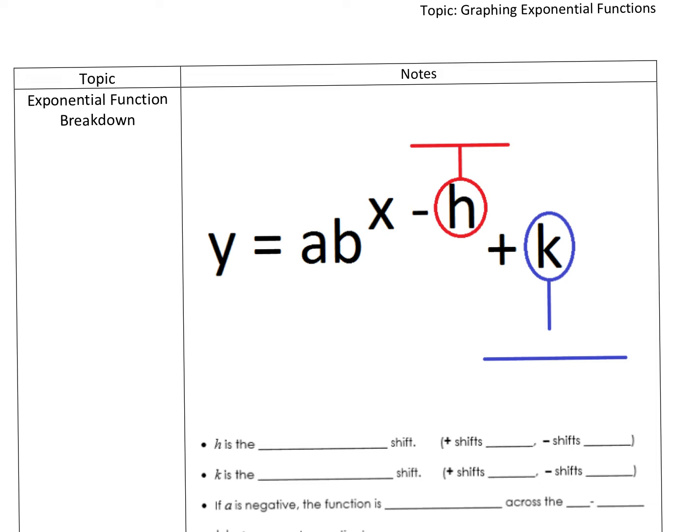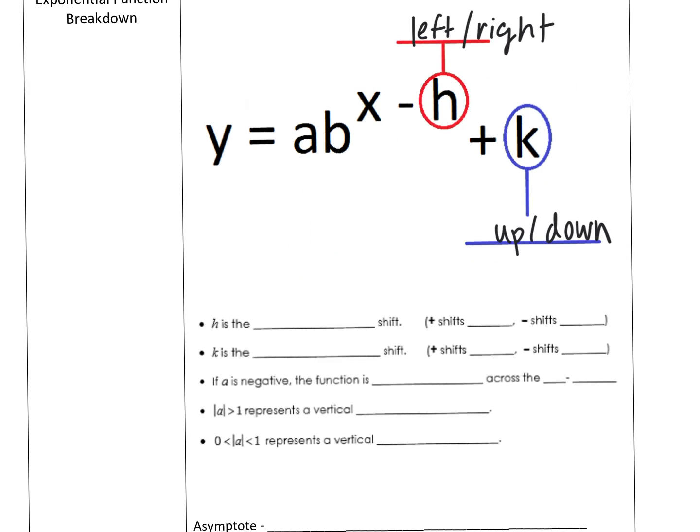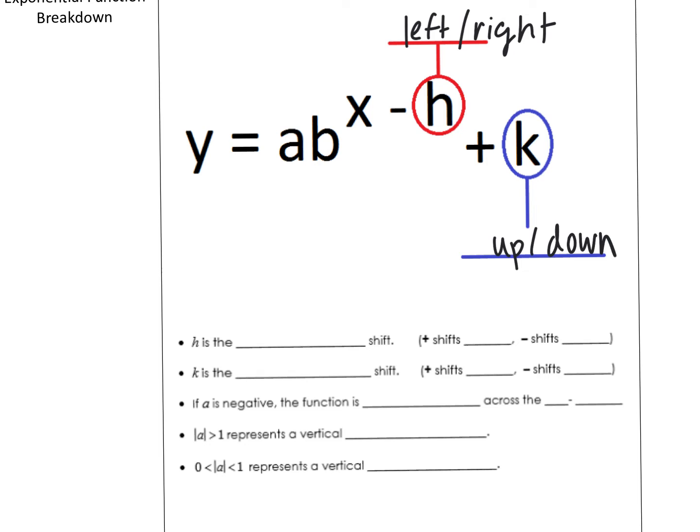You'll notice there are some letters that are circled that we've seen before. H and K. What does H usually mean? It means left or right, up or down? Left, right. Yep, so horizontal shift. H tells us left, right. K tells us up or down. So this is going to be the exact same thing that we always fill in.